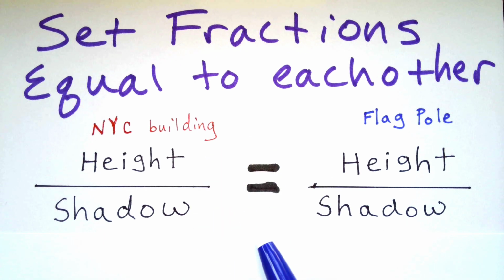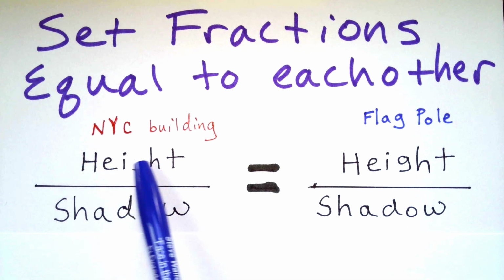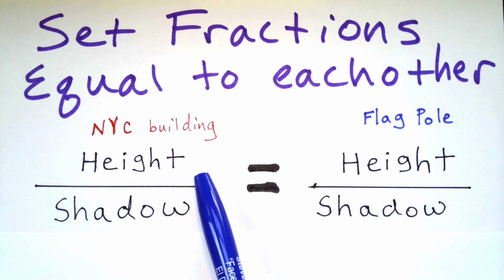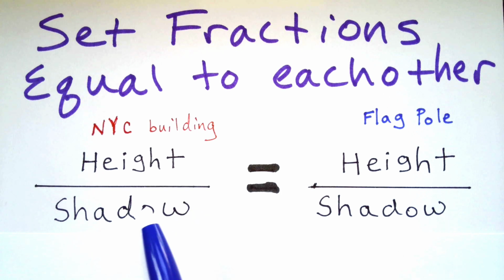equal to each other. And then I'm going to get into the two methods in how to solve the ratio proportions when you have a missing value. So again, you could take the New York City building and you could put the height value, which is unknown, that's our variable, over the shadow value, which is 50 feet.